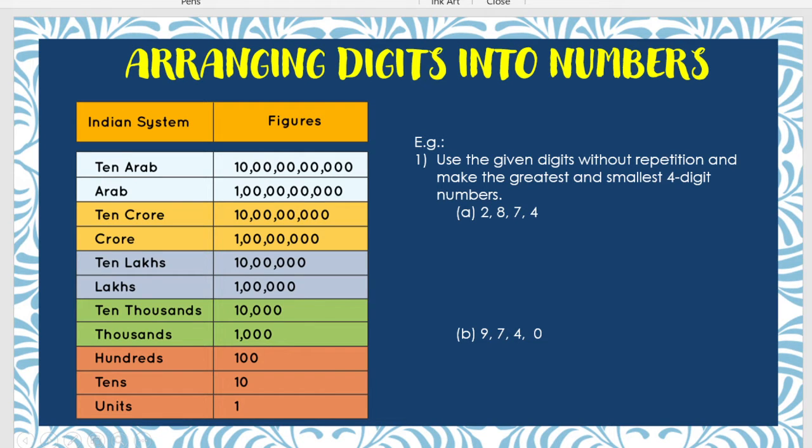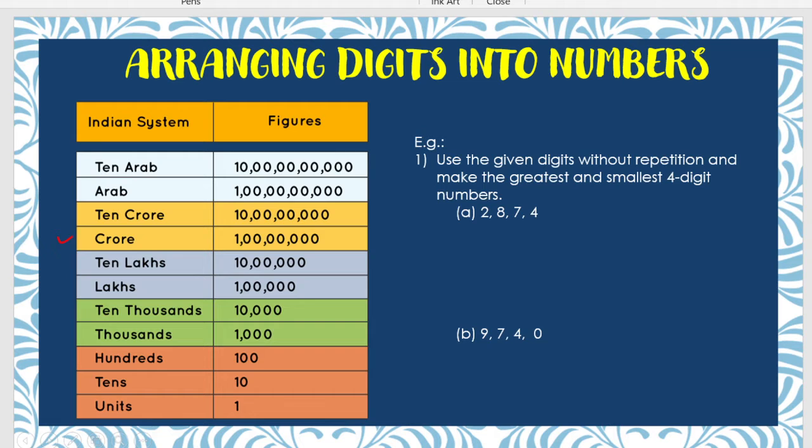Arranging. Now children, we are going to do arranging the digits. As you are in standard 6, you have done this in previous classes also. From class 1 to 5 you have done these numbers: units, tens, hundreds, thousands, ten thousands, lakhs, ten lakhs, till crores.